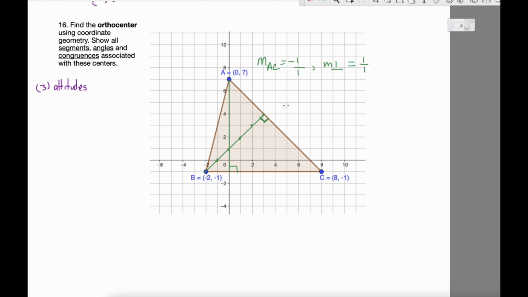So we have one more to do just to verify our intersection here. And we're going to go from C to side AB. Now we should check the slope from B to A so then we can find the perpendicular slope. So I'm going up, looks like 4 over 1: 1, 2, 3, 4 over 1.